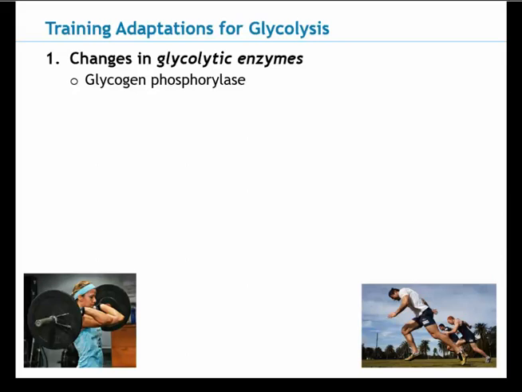When this enzyme increases or becomes more efficient, it allows a more rapid breakdown of glycogen for faster energy by increasing ATP availability. The next enzyme that may undergo changes is phosphofructokinase, which we know is the rate-limiting enzyme. So if we have changes to PFK, we may see an increased rate of the entire 10 steps of glycolysis, resulting in greater ATP production over time.